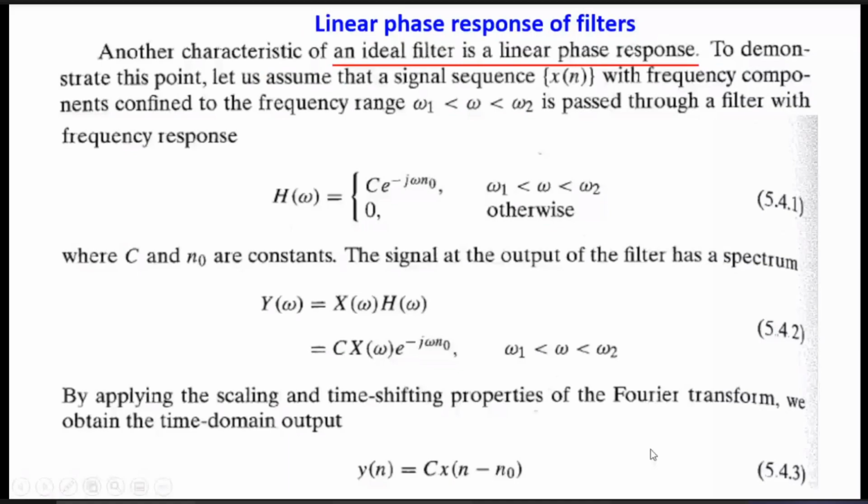So this is actually a delay of a certain amount. The output is nothing but a delayed version of the input. And how much is the delay? The delay is n0. n0 is the amount of delay.